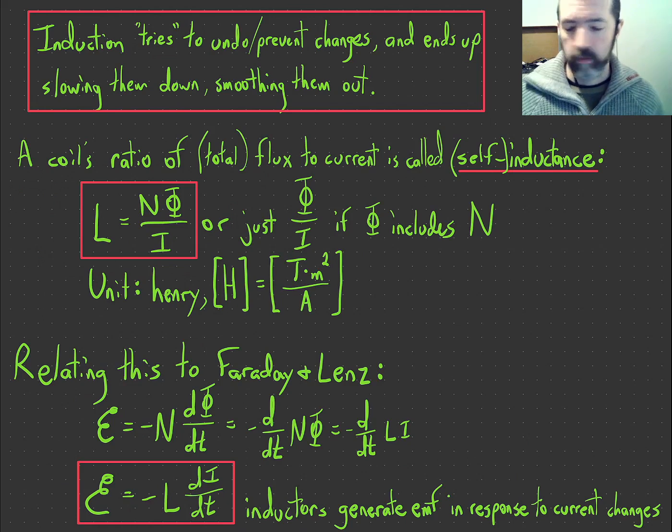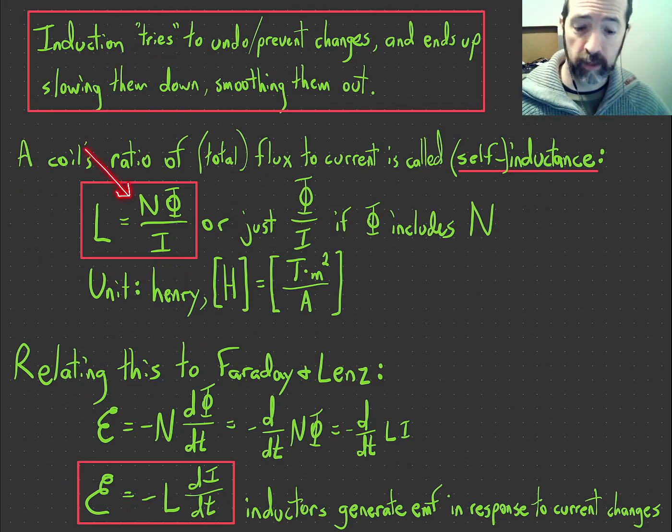And many books define it this way, the way I have it in the big box with this capital N. Some sources fold the big N into the flux phi, and so they might define it as just phi over I instead. And this version, without the big N being explicit, seems to be the way the College Board does it.